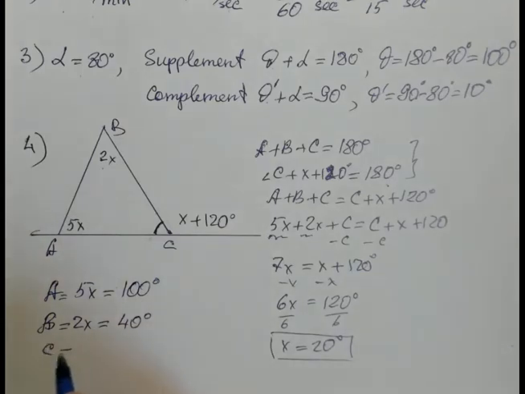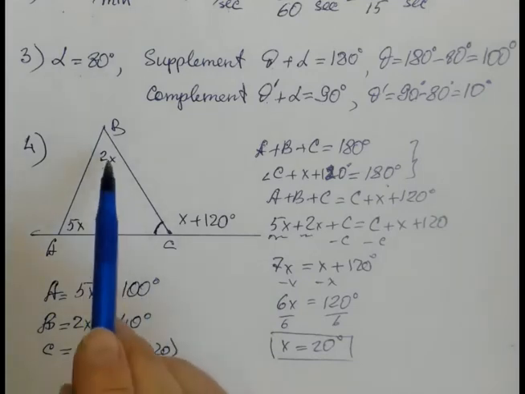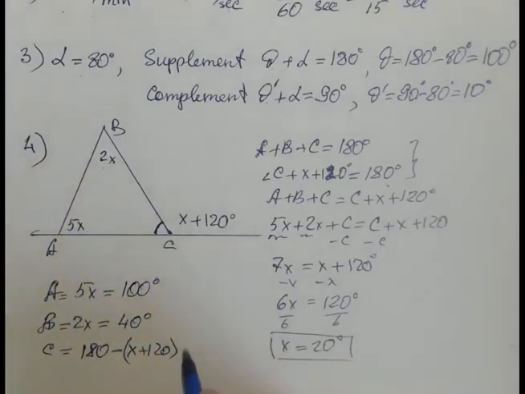And angle C is equal to 180 minus x plus 120, or 180 minus A minus B. So what is easier?